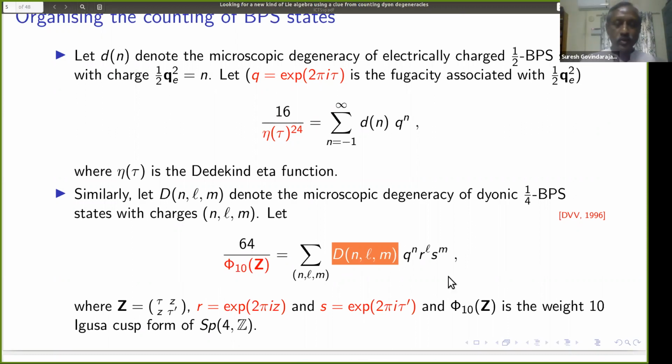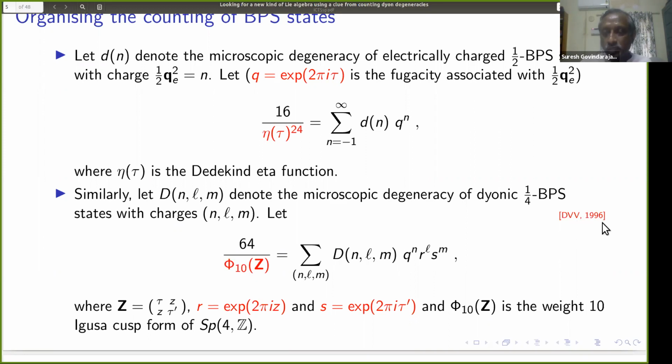Okay, and it turns out that there's a kind of magical result due to Dijkgraaf-Verlinde-Verlinde in 1996, where they proposed that a particular Siegel modular form, which is well known in the number theory literature, called Φ10, a cusp form.